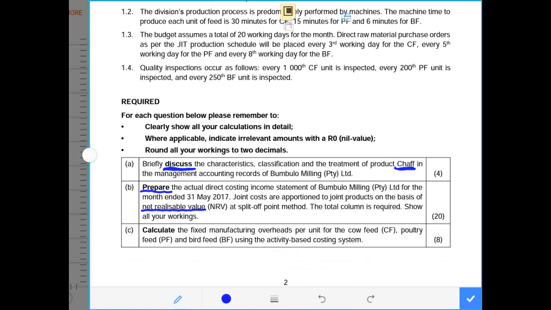Number C, we are to calculate the fixed manufacturing overheads per unit. Take note, for the cow fat, which is CF, poultry fat, which is PF, and bird fat, which is BF, using the activity-based costing system. So now there is also an ABC element in this question that we'll be doing.